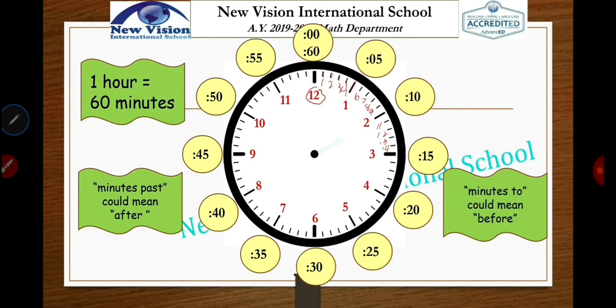Now we have the shorthand at 2. The shorthand is what we call the hour hand. Now we have here the long hand. The long hand is at 12, or since the long hand is the minute hand, we're not going to look at the hour numbers.